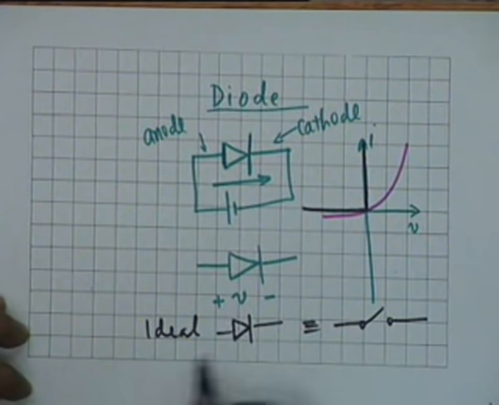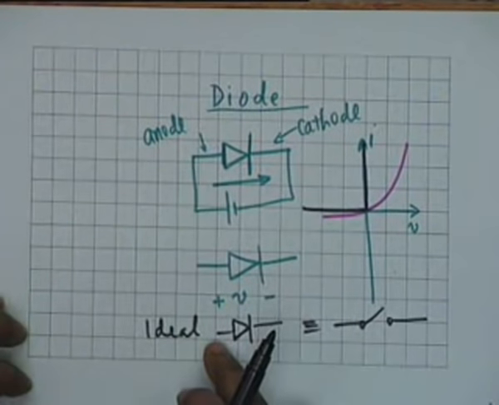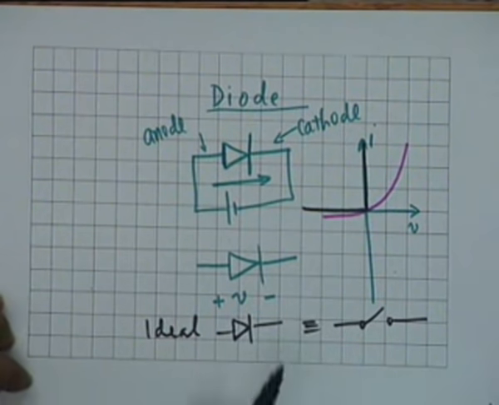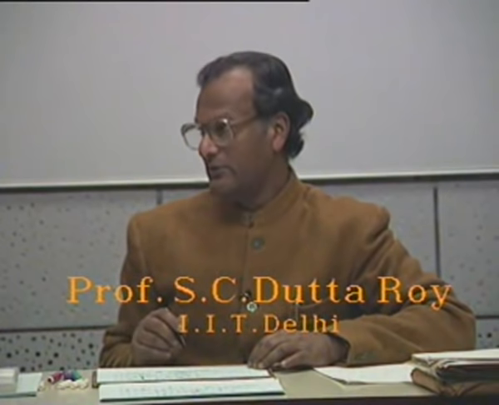When the diode is biased in the forward direction, that is, the anode is positive with respect to the cathode, the switch is closed. When it is biased in the reverse direction, that is the anode is negative compared to the cathode, then the switch is open, no current flows.